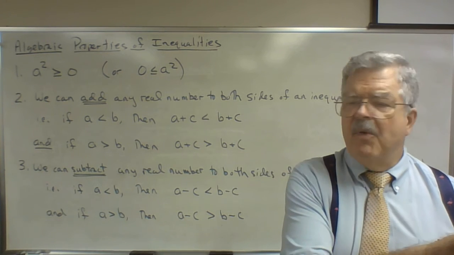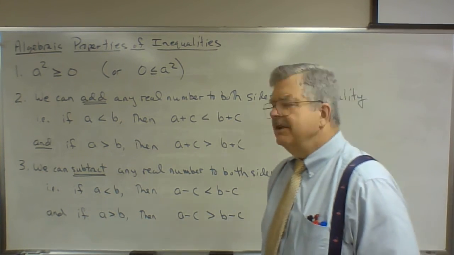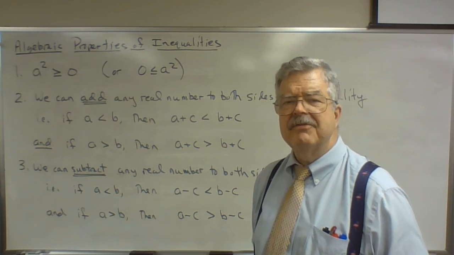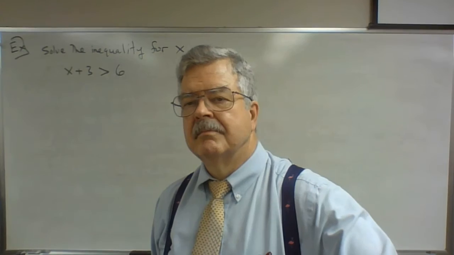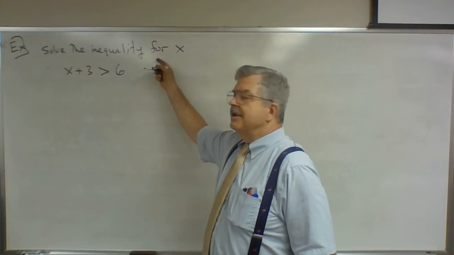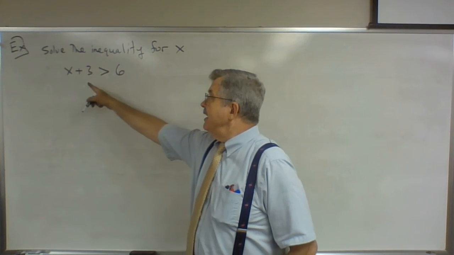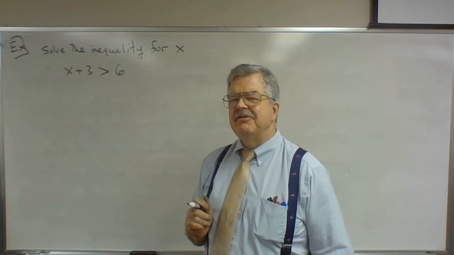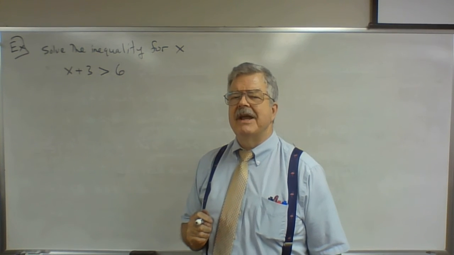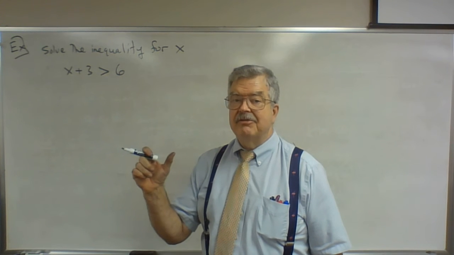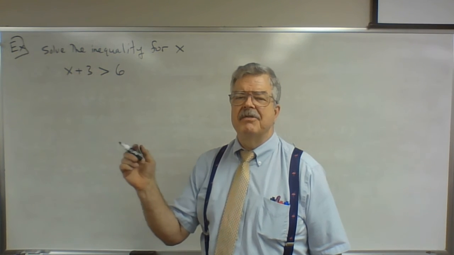Now, before we list any more properties of inequalities, let's just look at a few examples. Solve the inequality for x. x plus 3 is greater than 6. When we say solve the inequality for x, what we mean is isolate x by itself on one side of the inequality.